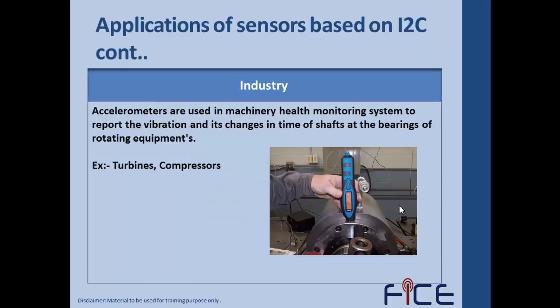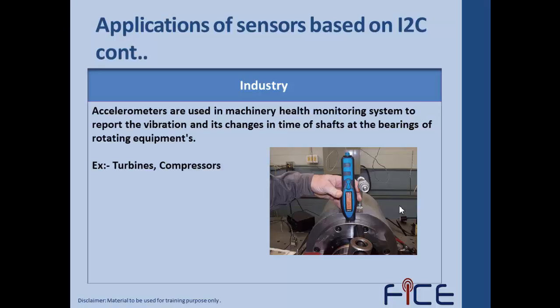If we discuss the application in industry, accelerometers are used in machinery health monitoring systems to report the vibration and its changes over time of shafts at the bearings of rotating equipment. Nowadays, equipment reliability has become a vital focus within any organization or industry that counts on the availability of large machinery.